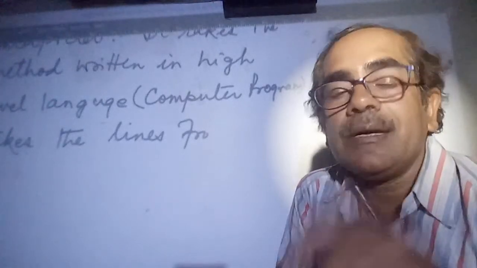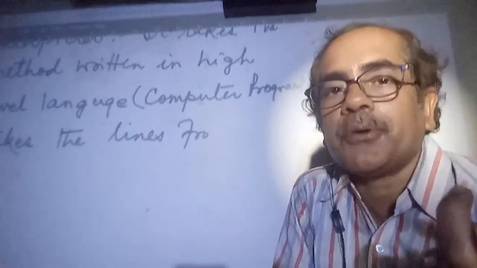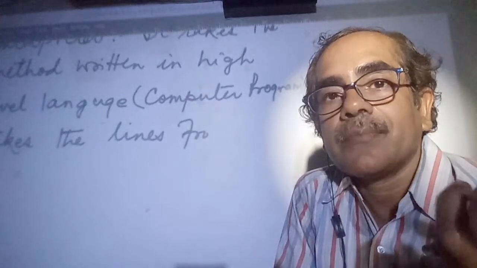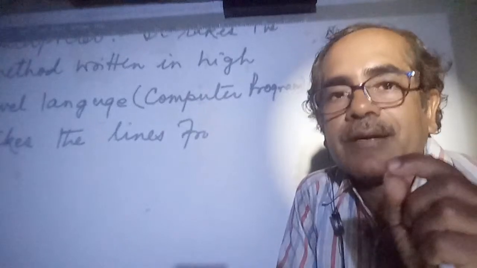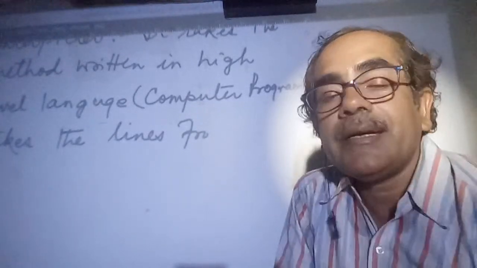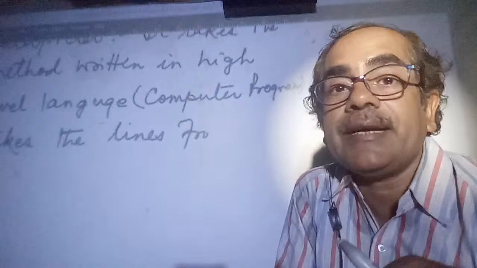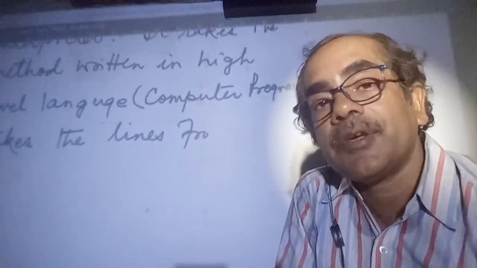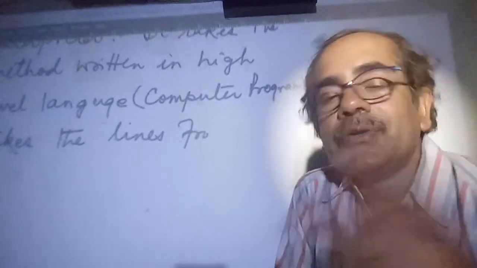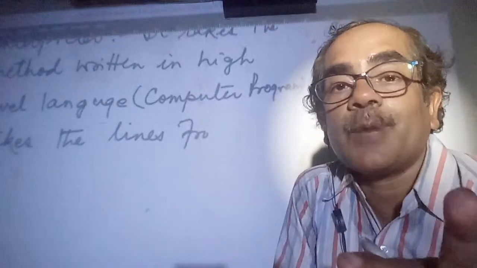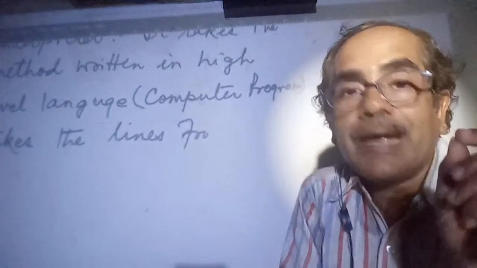On the other hand, compiler takes the whole program at a time, checks for errors, and if it is found error free, it is translated into machine language and given back to the user. So these are the 2 ways of working of compiler and interpreter.